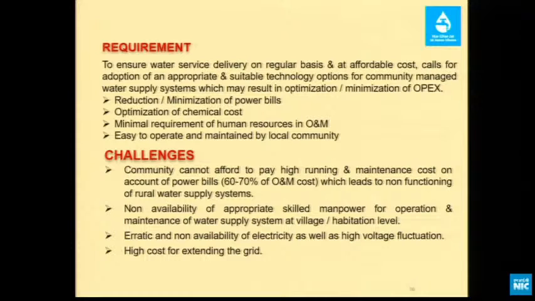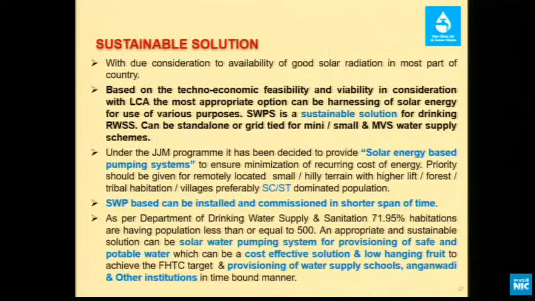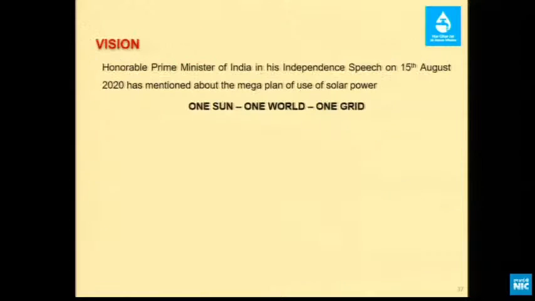The guidelines suggest small schemes in hilly terrain, because from the studies I have gone through from the ministry, roughly 75% of habitations have less than 500 population. Water demand there is small. Even considering a population of 200 or 300, I need only roughly 20 to 25 LPD of water.